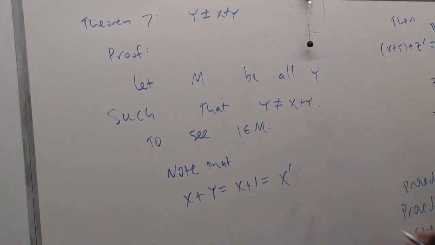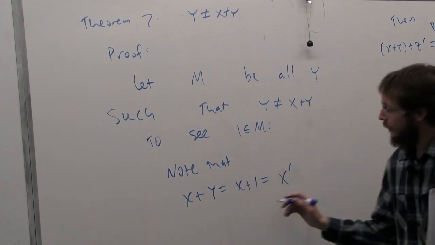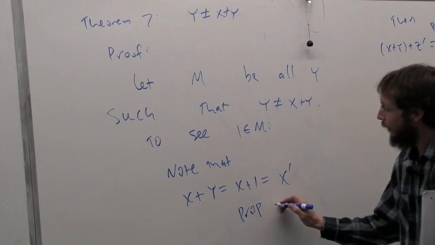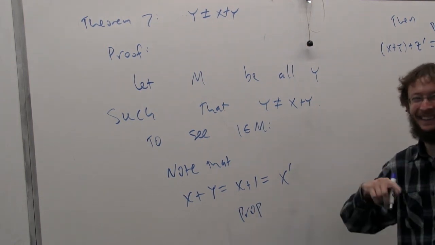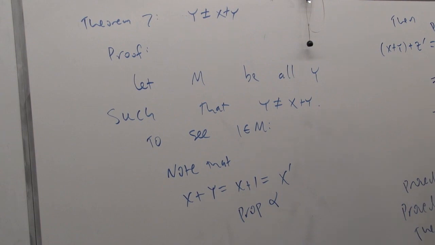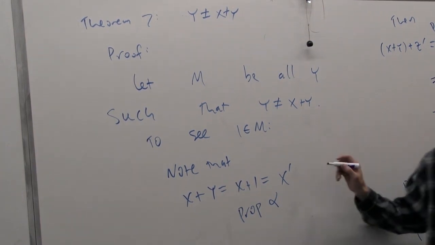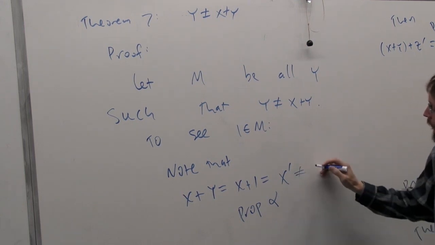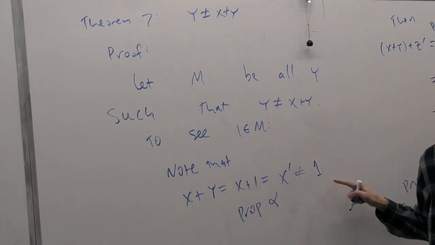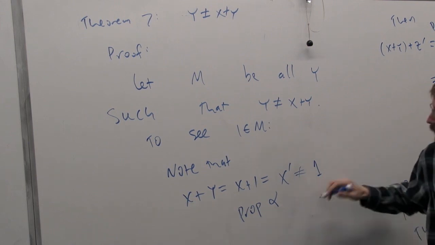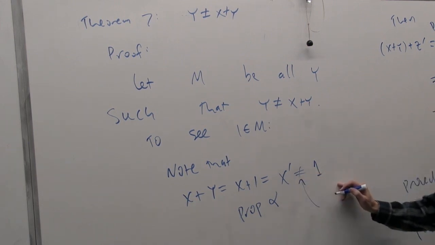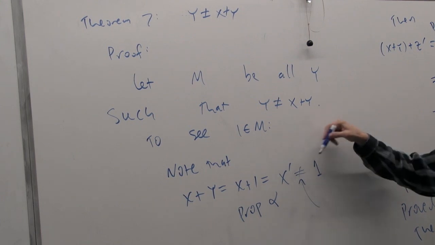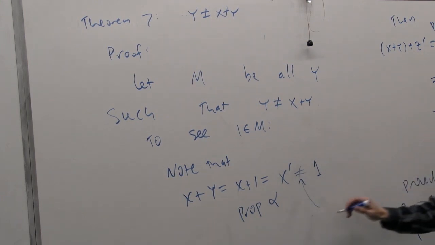Not one successor, x successor. How do we know that? Property, starts with an A. Yeah. Okay. And so we have an axiom that says that nothing ever succeeds to 1, right? And it's okay if you don't remember the exact axiom, but does anyone happen to remember which axiom says you can't succeed to 1? Axiom 3.